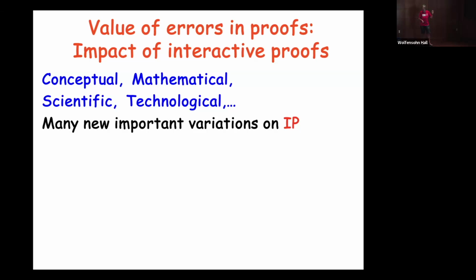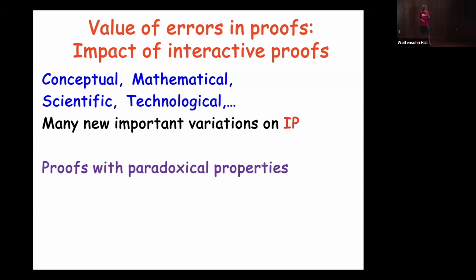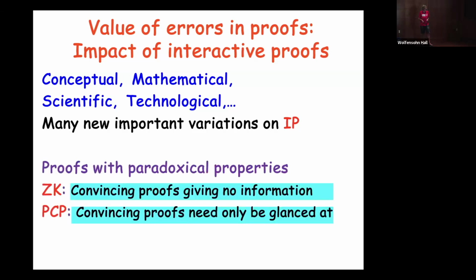I want to focus on two proof systems which have very paradoxical properties, and I'm sure you heard about them. These are zero knowledge proofs, proofs that convey zero information, and PCPs, which are probabilistically checkable proofs. These are proofs that are convincing even though you hardly look at them.